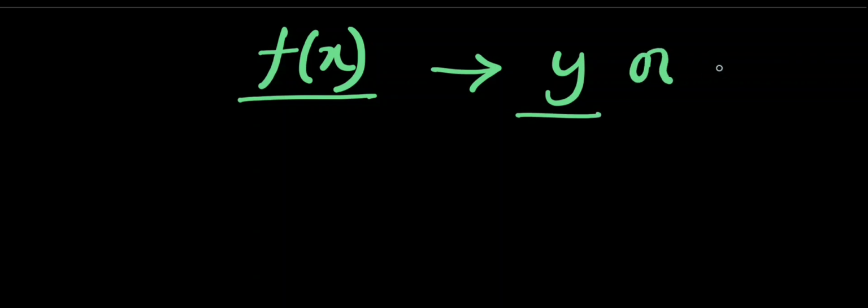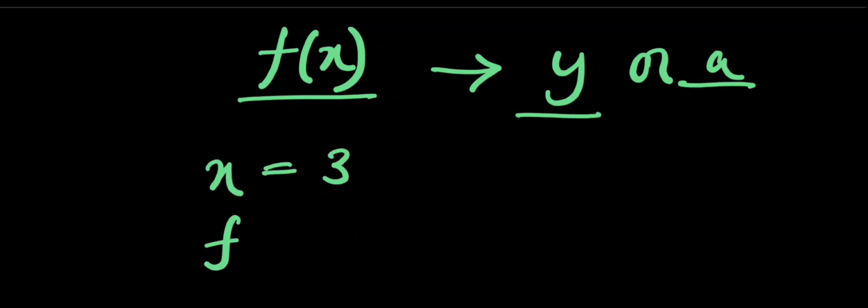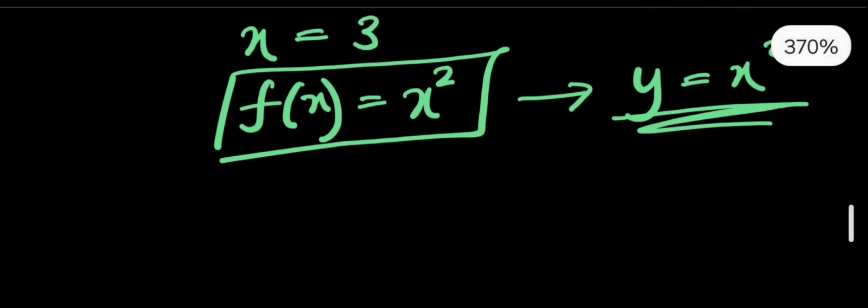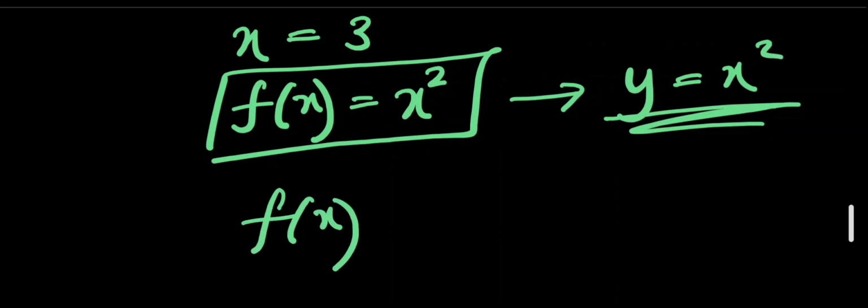Okay, now we can also represent change happening to x or f of x as a variable y or a, whatever variable you desire. So if x equals 3 and f of x equals x squared, we can also say that y equals x squared. So basically f of x would be equal to y.